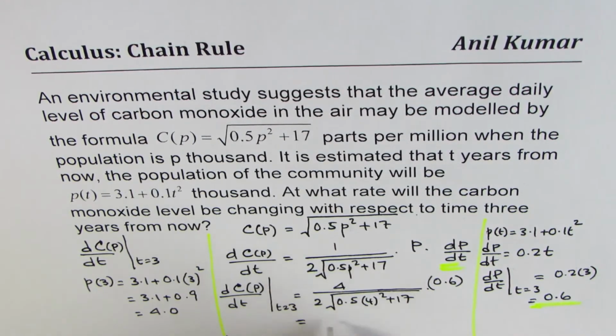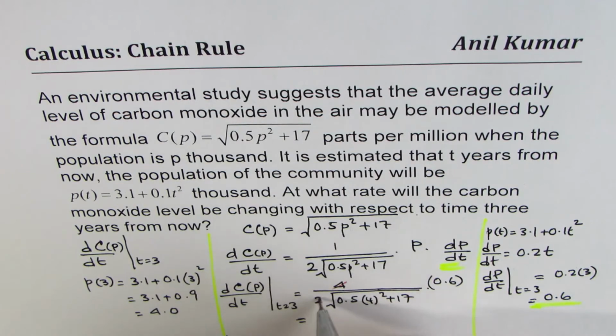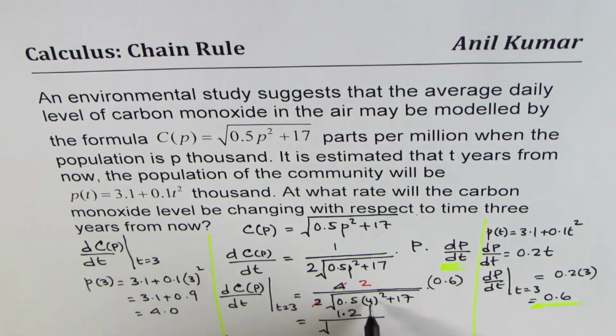So let's calculate this. 4 can be divided by 2, we get 2. So the numerator will be 2 times 0.6, which is 1.2, and the square root of 0.5 times 16, half of 16 is 8, plus 17, right? Which is 1.2 over, that is 25, so the square root will be 5, right?